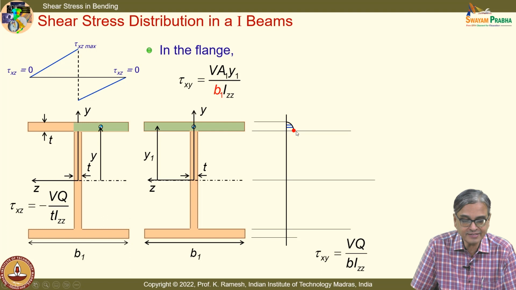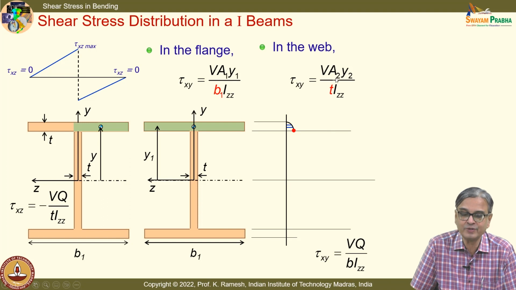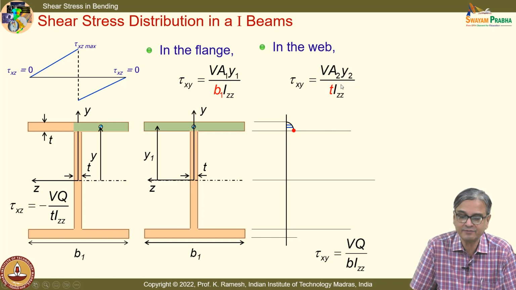But if I consider the same point as part of the web, I will have a value of V A2 Y2 divided by t Izz. It goes up. Then again the whole thing gets replicated parabolically. So I will eventually have a curve like this.